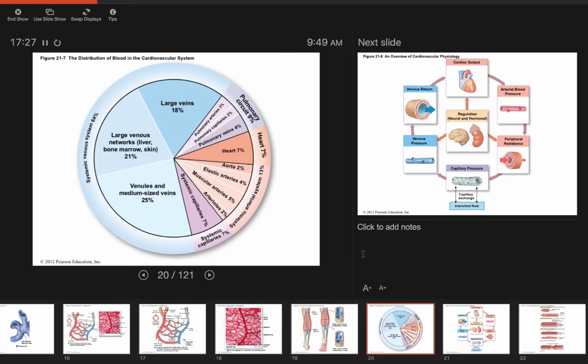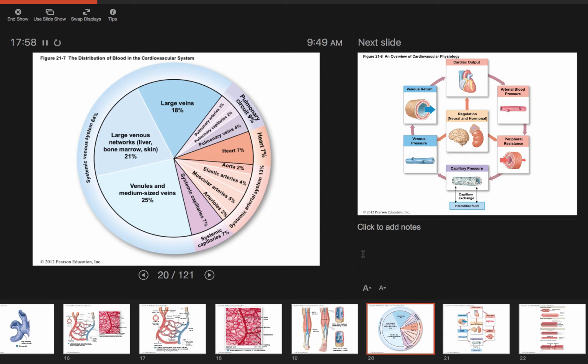And then another important part is, where is blood normally found? The vast majority of blood, the highest percentage of blood at any point in time, is going to be found in the veins, right? Not in the arteries. So like 60 to 65% of the blood at any given time will be in the veins. 30 to 35% of the time it's going to be in the arteries.